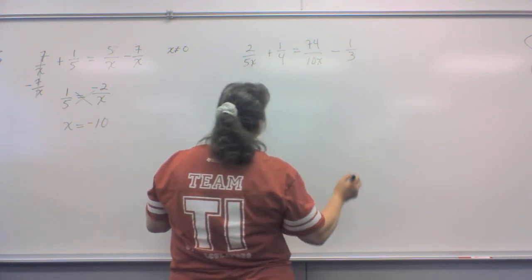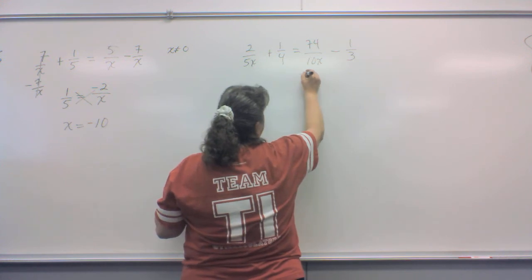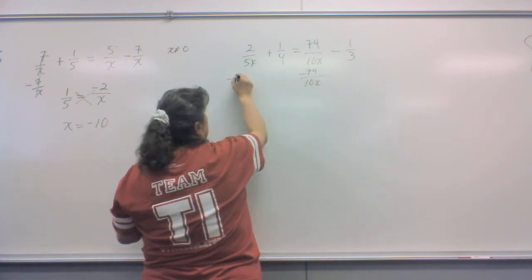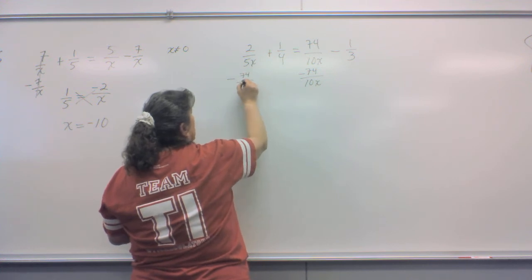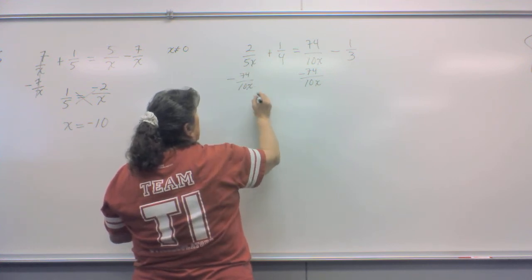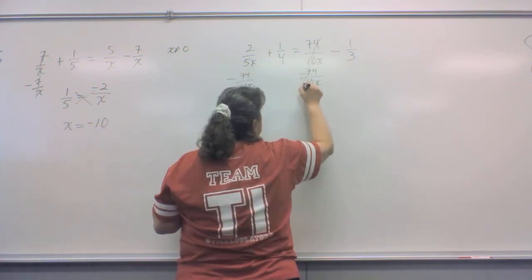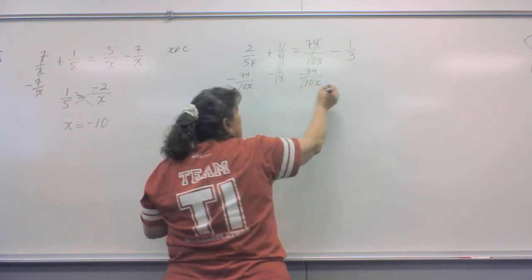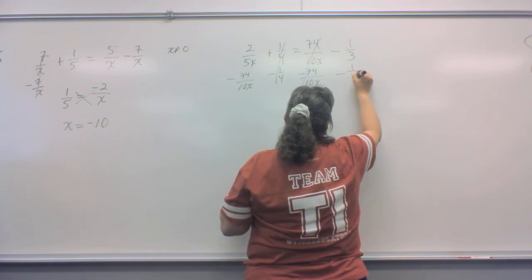So I think I am going to subtract my 74 over 10x and have the same thing here. And so that becomes 0. Then I'm going to subtract my 1/4 from both sides and do the same over here.